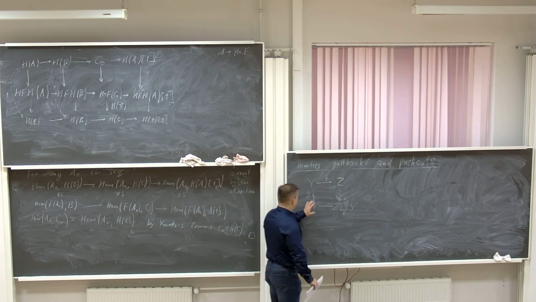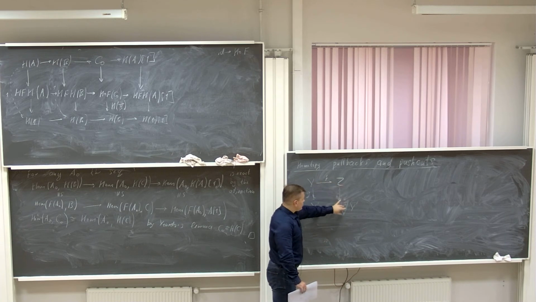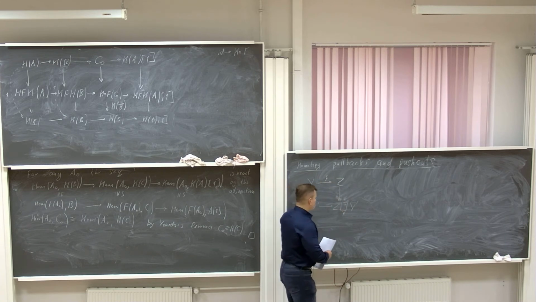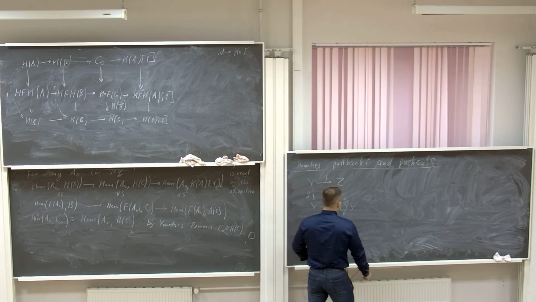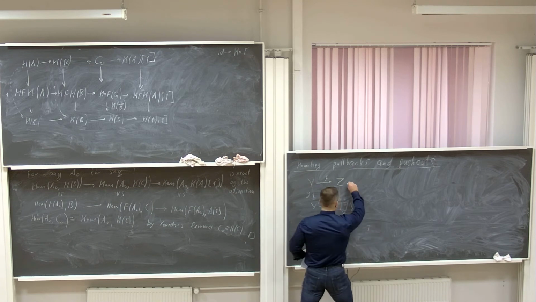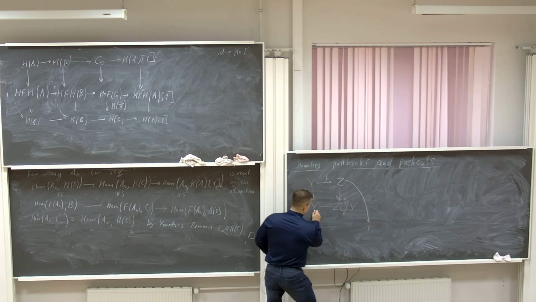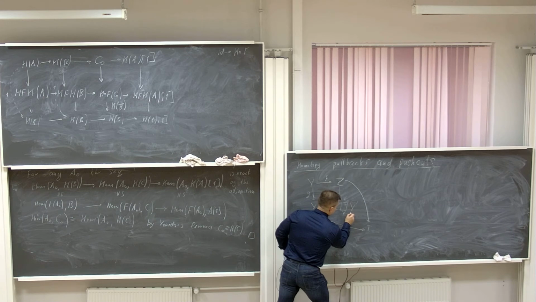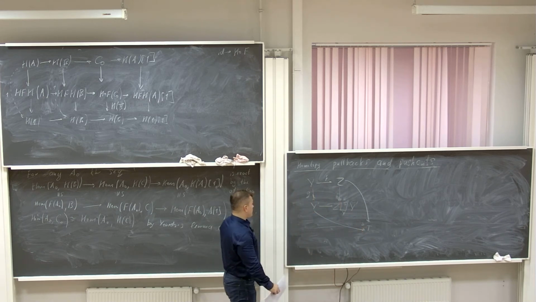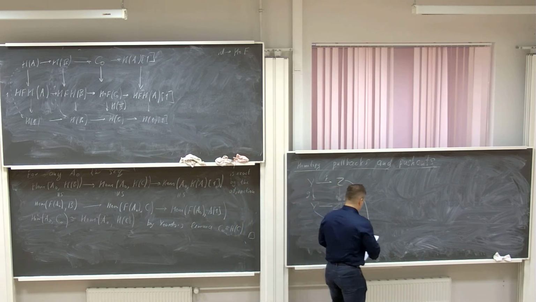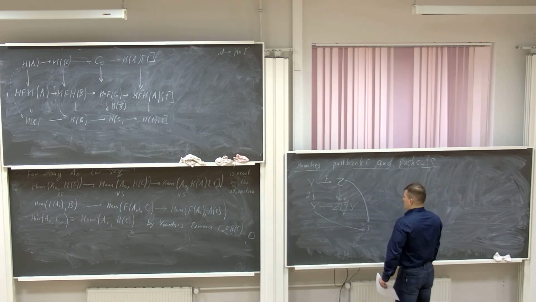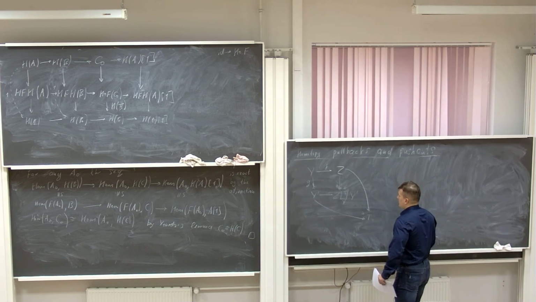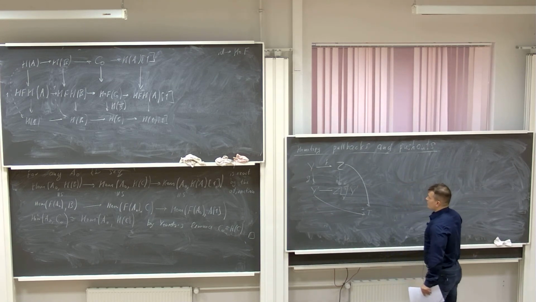Right, so you start with f and g, you complete this to a square, and the square is supposed to have the universal property in the sense that if you take any other commutative square, so I have maps like this, then there is a map making these two triangles commutative.